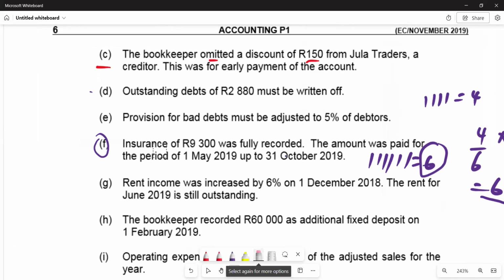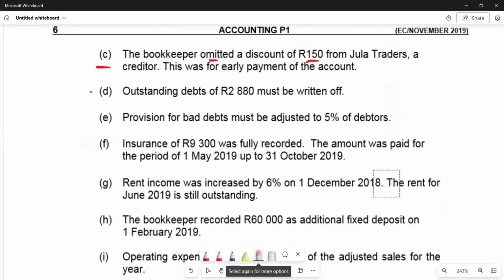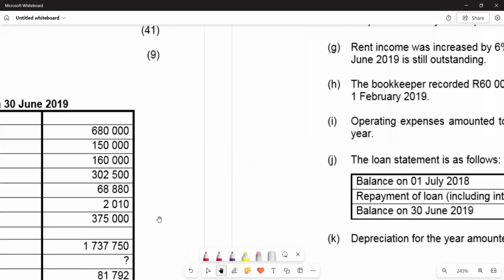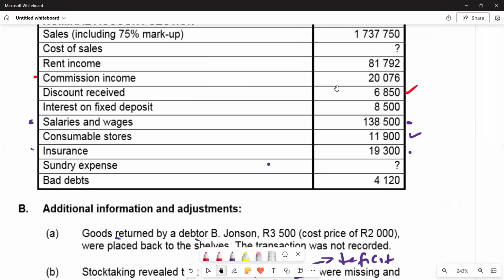So we are going to take into account that we've got additional bad debts, which is 2,880. So we are going to add 2,880 to the figure for bad debt that we have, which is 4,120, representing our bad debt.